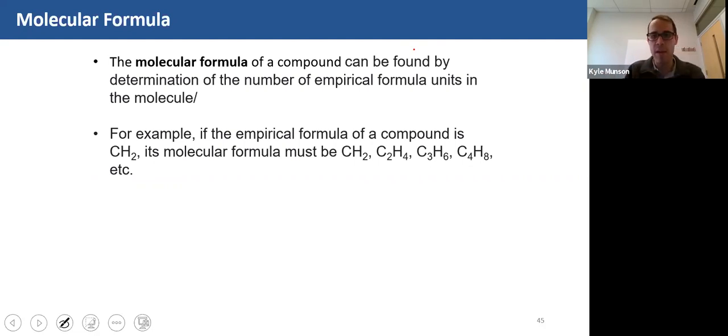For example, if the empirical formula of a compound is CH2, this is something we saw in the last video, its molecular formula could be CH2, C2H4, C3H3, etc. We're just using that empirical formula as our template or building block, and we're multiplying the subscripts in that to give us the molecular formula.